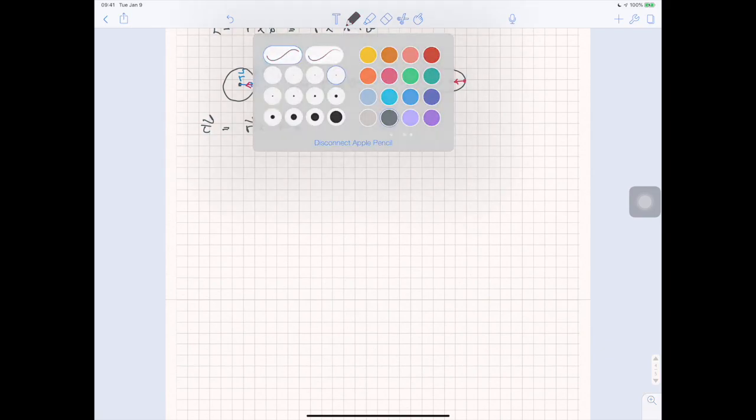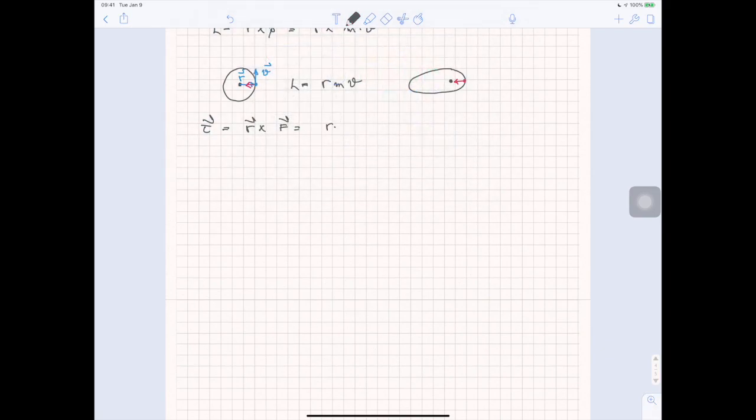So you can always write r as r times r hat, and the force is always written as minus G M of the central system times the mass of the orbiting system divided by r squared times r hat. And these are two antiparallel vectors, whose cross product is in fact 0, the null vector.